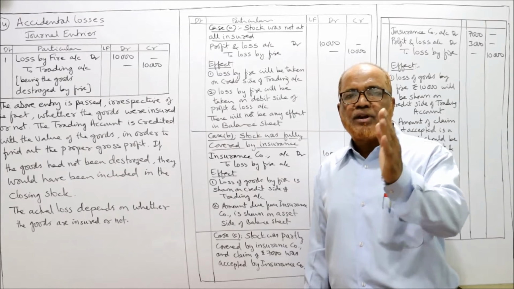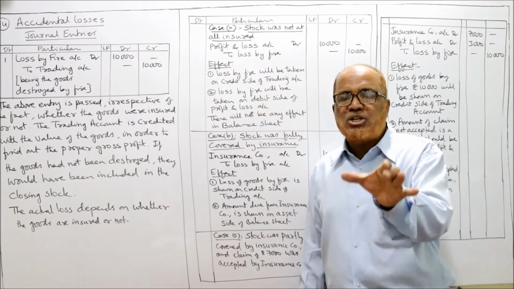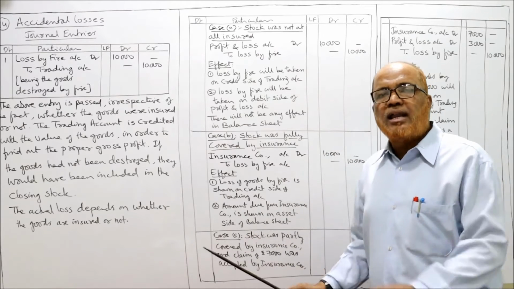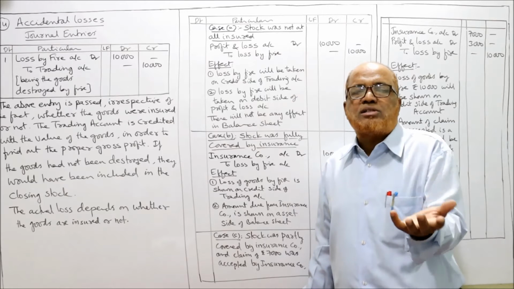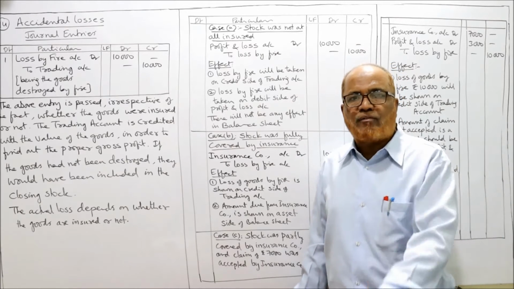So one effect, trading account credit side by loss by fire. Second effect, balance sheet asset side amount due from insurance company. Nothing should be taken in P&L account because there is no loss at all.